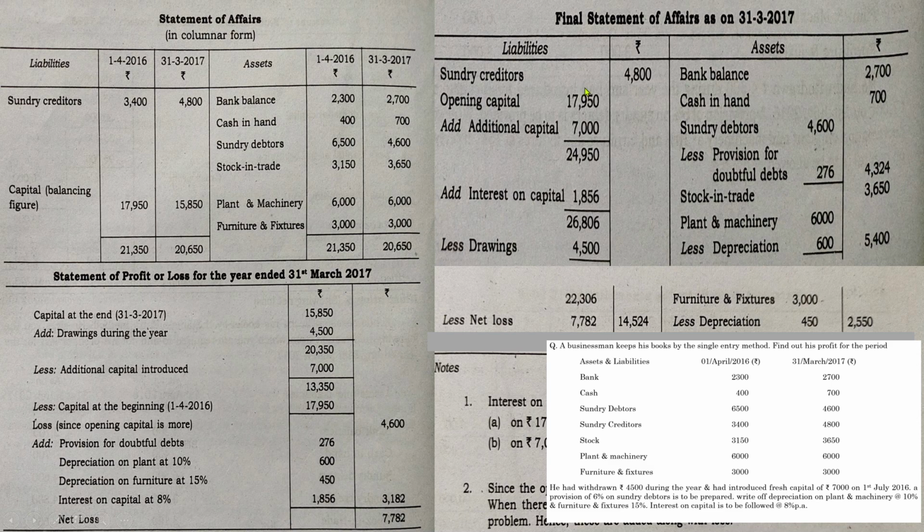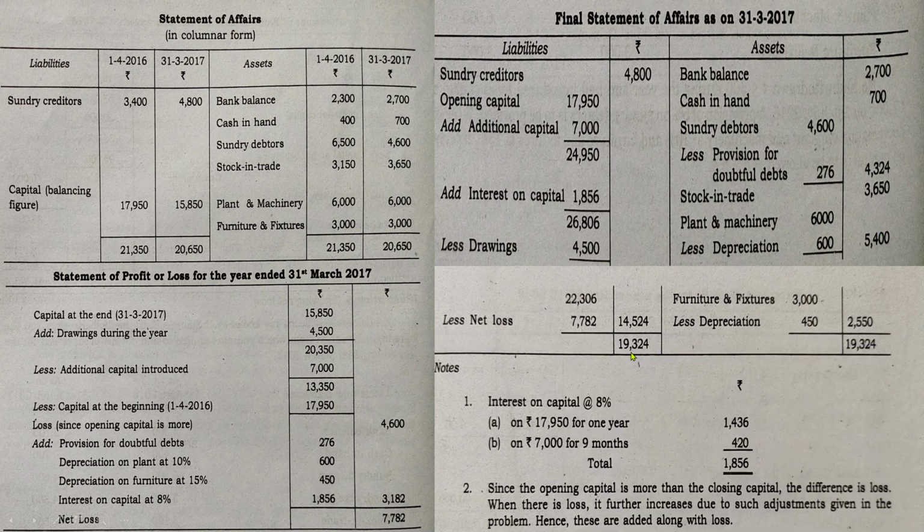In a balance sheet capital we begin with opening capital, add additional capital, add interest on capital, less drawings, less net loss. Here it is a loss, so we deduct. If it was net profit, you would add the amount. So here, net loss, you will get the closing capital 14,524. If you add together these two sides, you will get a total balance of 19,324. You will get a tally amount.